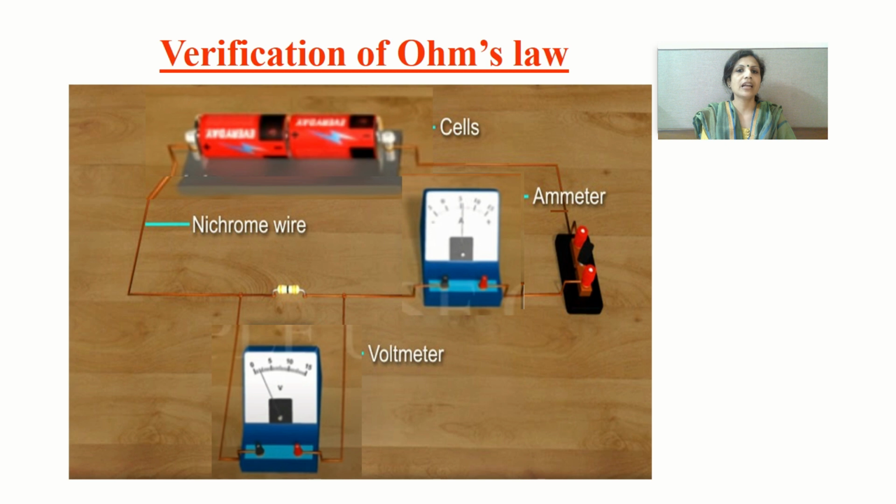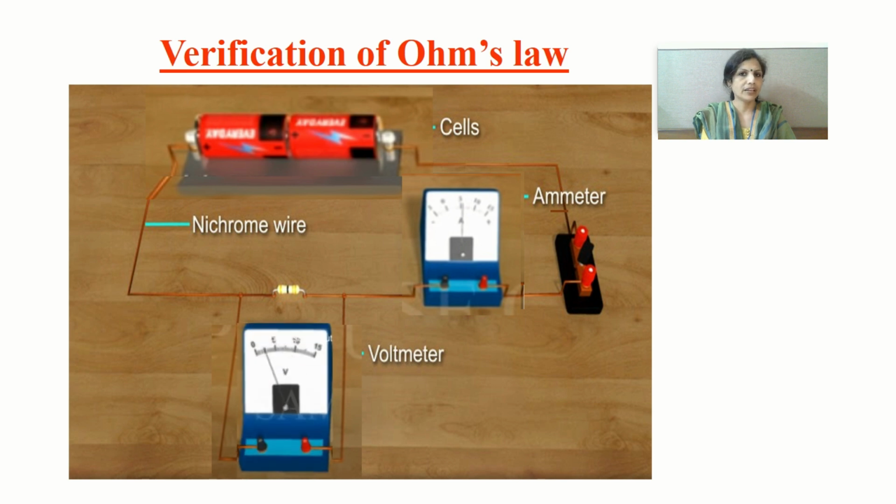You must have seen that the pointer has again changed. Current has increased and voltage has also increased. Voltage is showing a potential difference of 3 volts because we have connected two cells. One cell has a potential difference of 1.5. When you connect two cells together, it will give you a potential difference of 3 volt and the current has also increased.